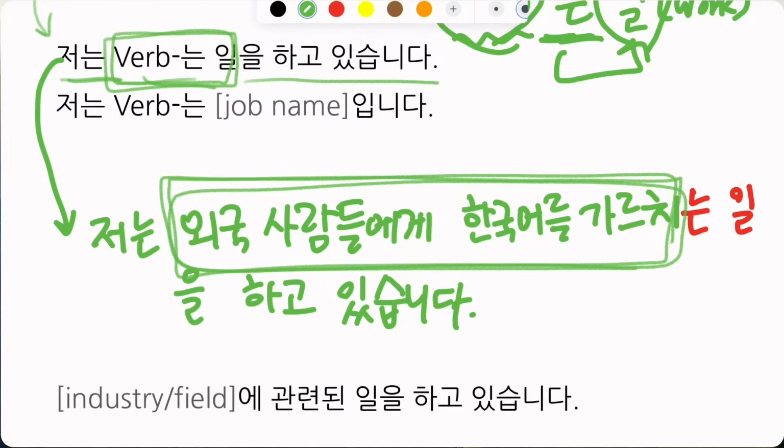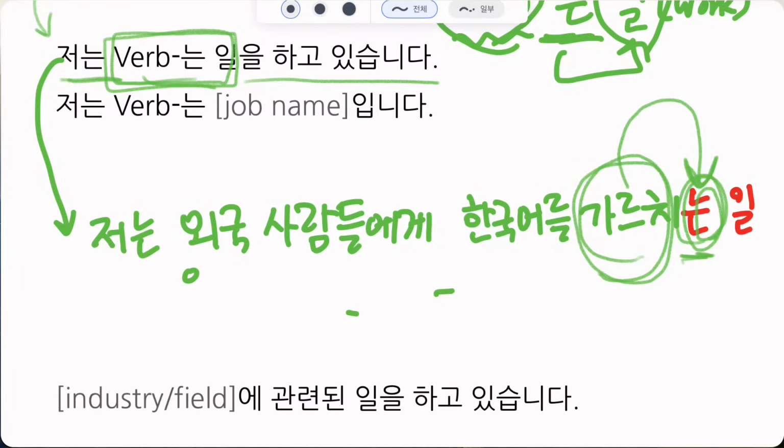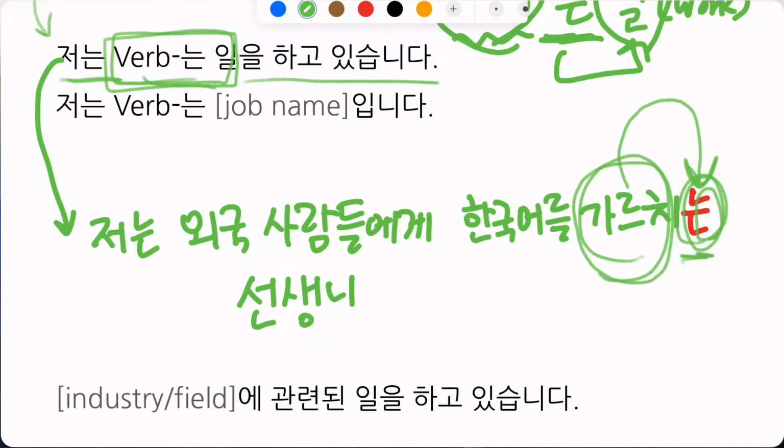Since Korean sentences end in a verb, that's why verbs get attached to 는. So I attached this whole sentence with 는 to describe what exactly I do. 저는 외국 사람들에게 한국어를 가르치는 일을 하고 있습니다. Or I could also say 저는 외국 사람들에게 한국어를 가르치는 선생님입니다, putting my job name here.